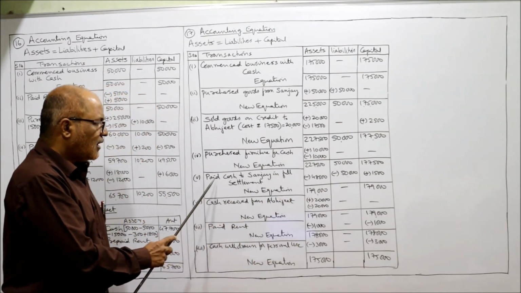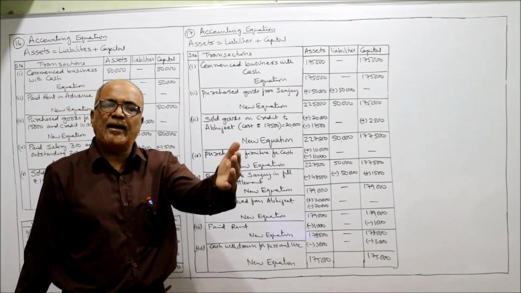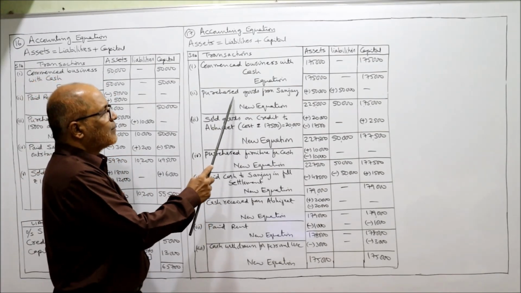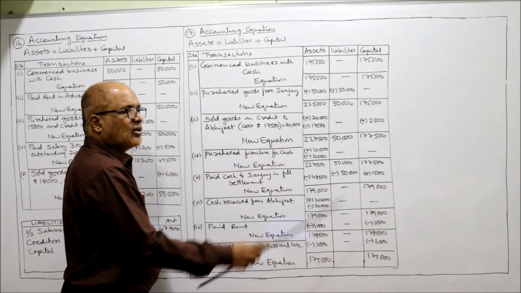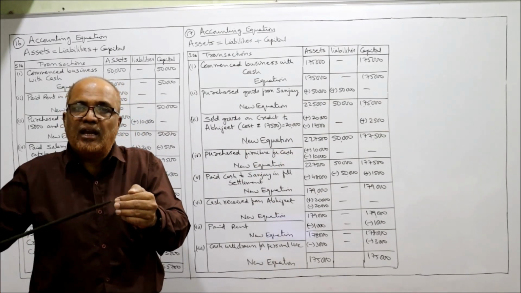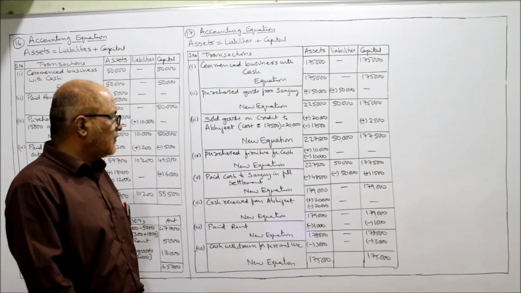New equation. Now, paid cash to Sanjay in full settlement. Actually we have purchased goods from Sanjay, 50,000 rupees of goods. Now we have to pay Sanjay 50,000. But we are not paying 50,000.